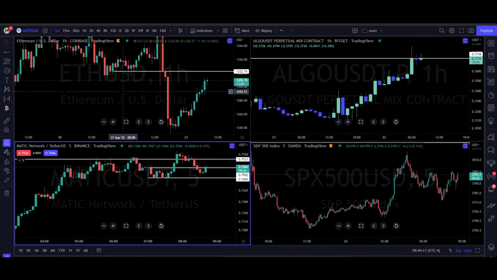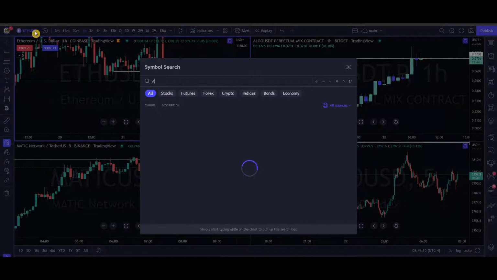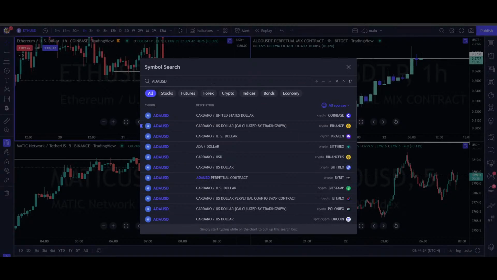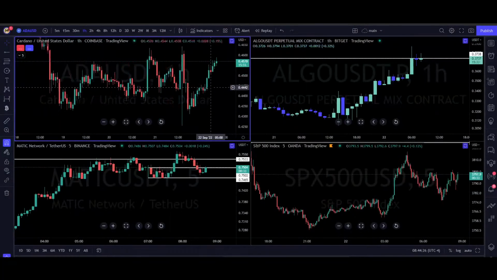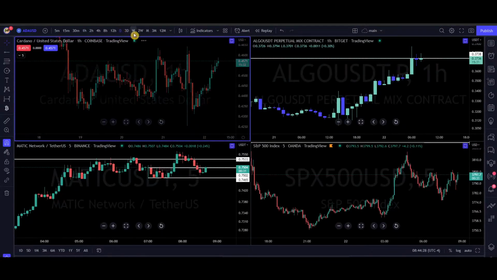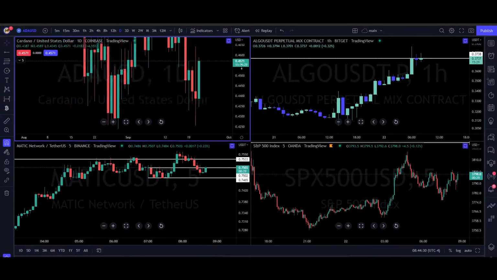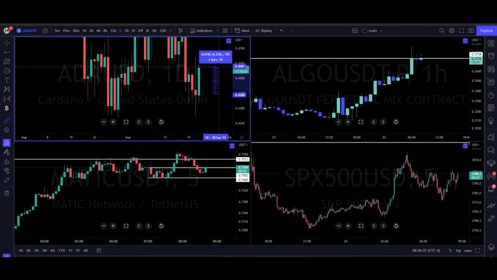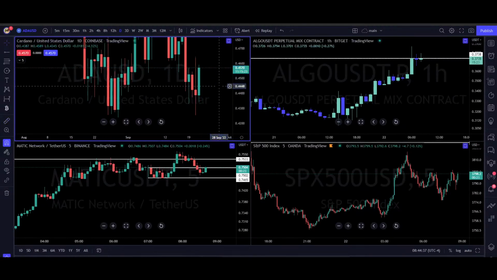Thoughts on ADA USD? Let's go look at it. Or you said just USD, so we'll look at that on Coinbase. It's currently up today right around 4%.